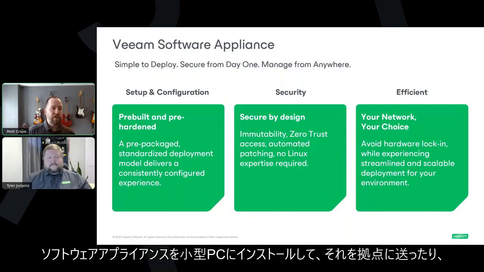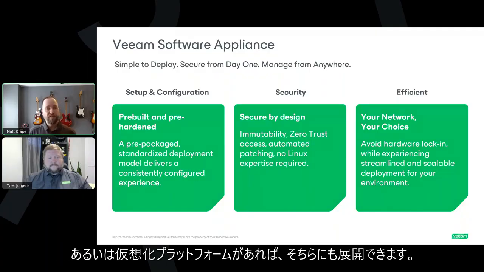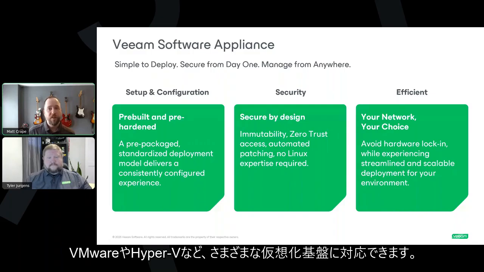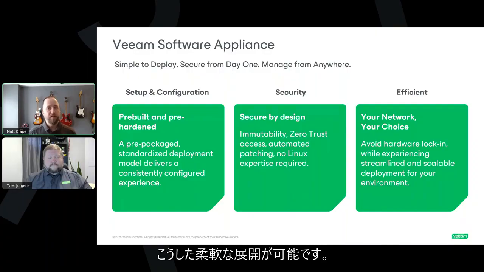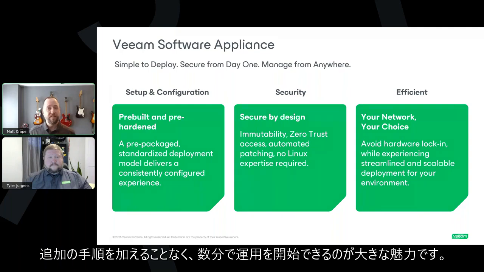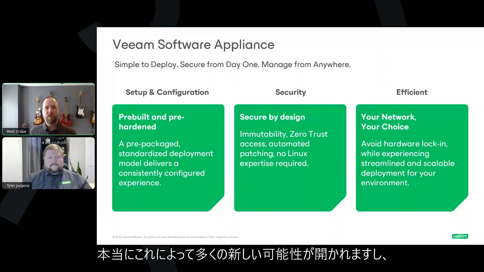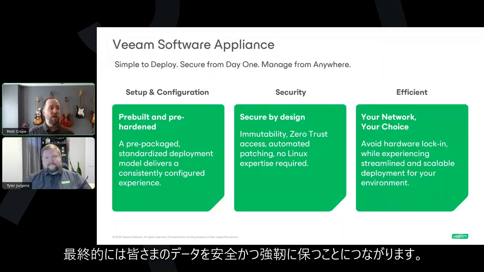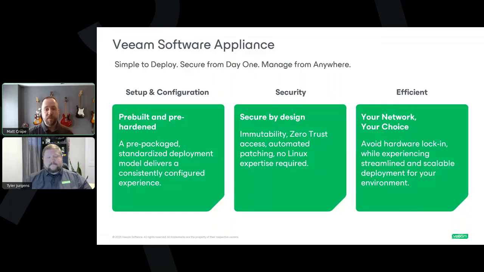Being able to deploy a software appliance, whether it's a matter of installing it on a small form factor PC and shipping it out there, or if they've got a host that's running some sort of virtualization platform, such as VMware or Hyper-V, being able to actually just deploy the software appliance to that and get up and running in minutes without the need of adding all those extra steps. It really, really does open the door for a lot more opportunity. And at the end of the day, really helps ensure that your data stays safe and resilient.